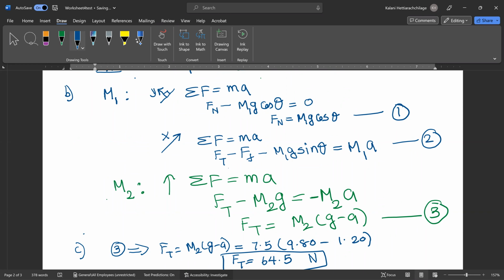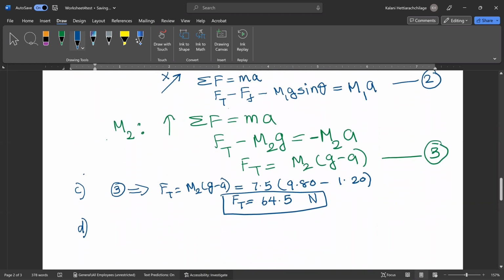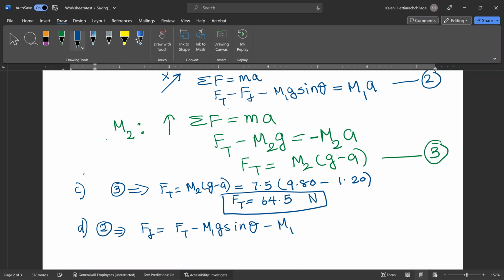The other formulas do not have the friction. Since I have the tension, I will be able to use equation number 2 to find the friction. So from equation number 2, let's solve for the friction first. Friction is equal to the force of tension minus M1G sine of theta minus M1 and A.